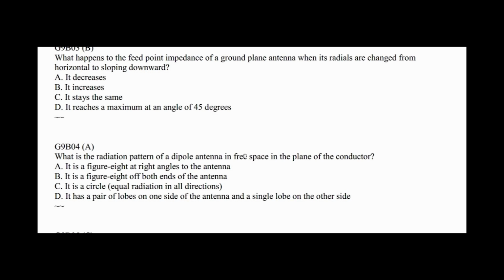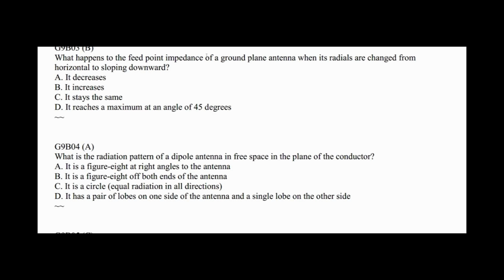G9B04. What is the radiation pattern of a dipole in free space in the plane of the conductor? It's a figure 8 at right angles to the antenna.